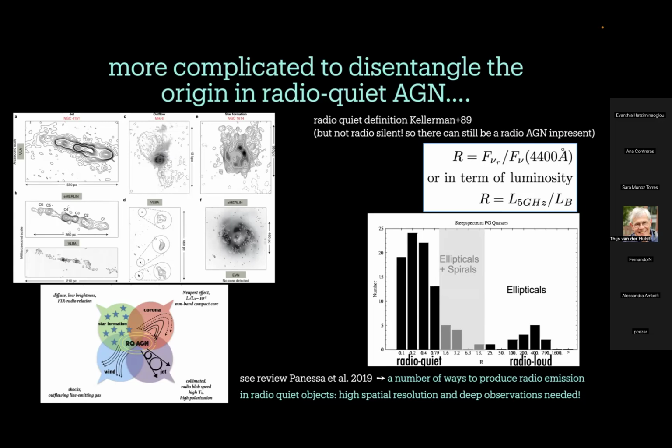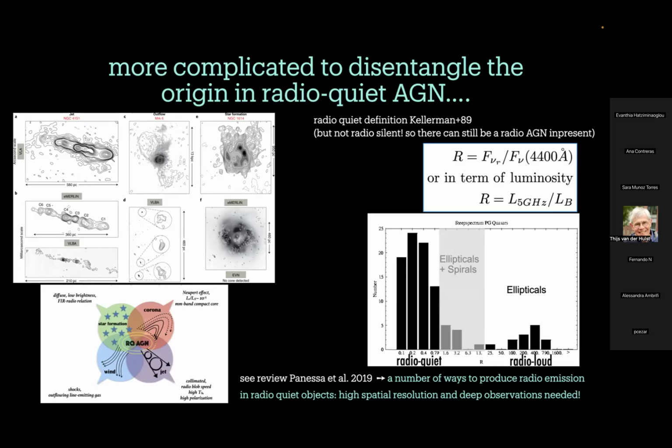And then you have this part, the so-called radio quiet, that still can have a part of AGN. So there, disentangling the AGN component and the star-forming component is the tricky one.